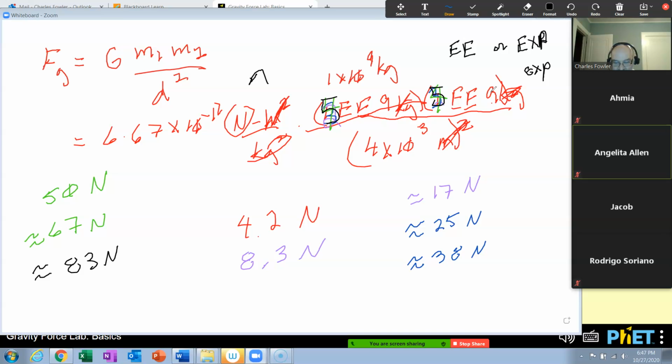So 6.67 EE 11 negative, okay, times 5 EE9 times 5 EE9 divided by, open parentheses, 4 EE3, close parentheses, square, equal.